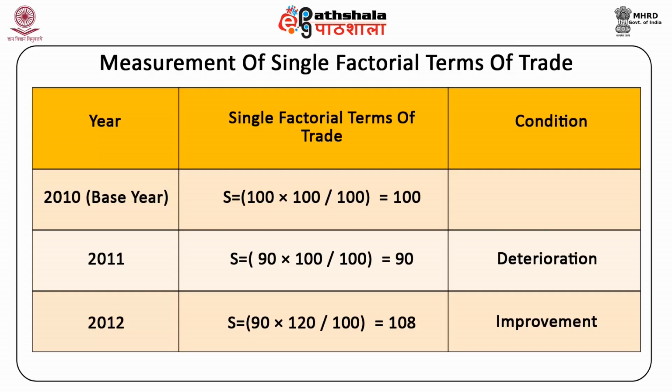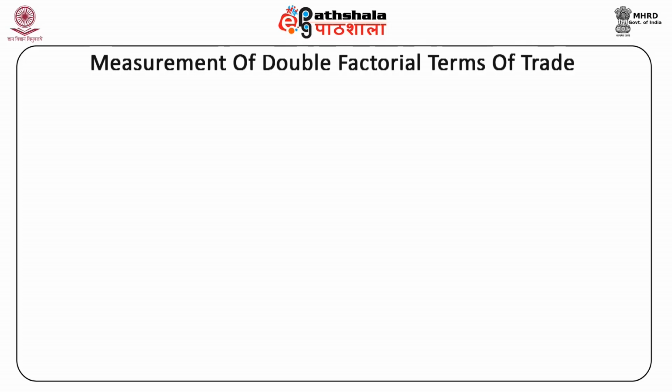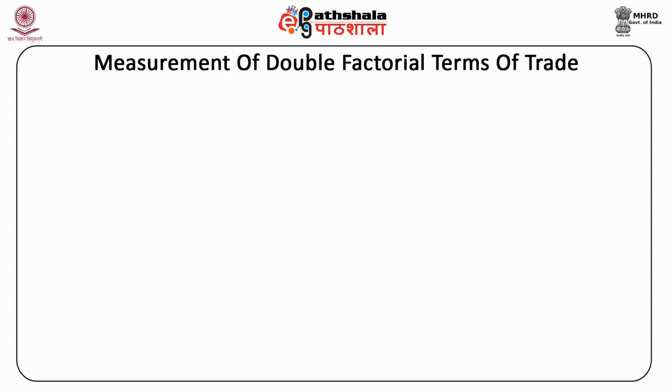In 2011, there has been a drop in export price index by 10%, which is not offset by rise in export productivity index, so that single factorial terms have deteriorated by 10 percentage points. Here, we are concerned not so much with the question of global inequalities, but the significance of single factorial terms of trade as a terms of trade concept.